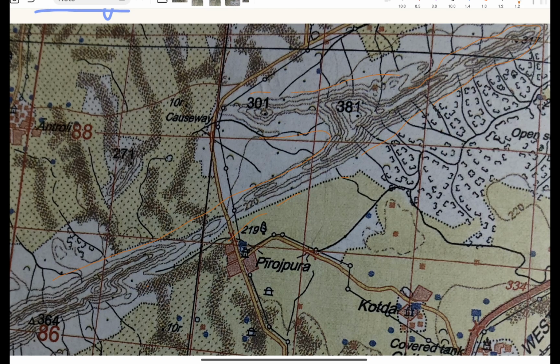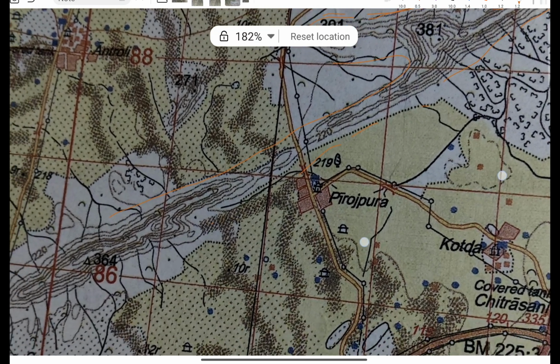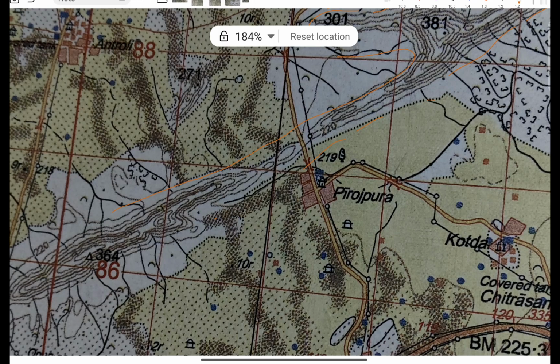And on either side, the slope is steep, because the contour lines are closely spaced, with some isolated peaks. We can see one isolated peak here.